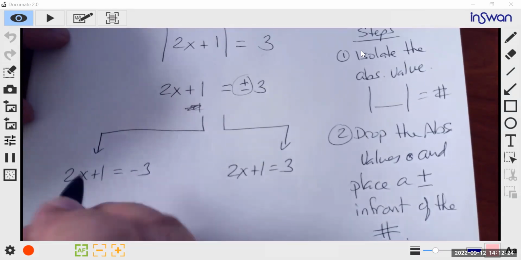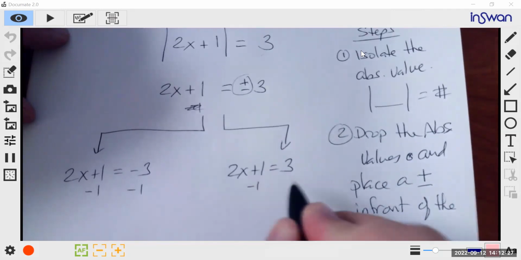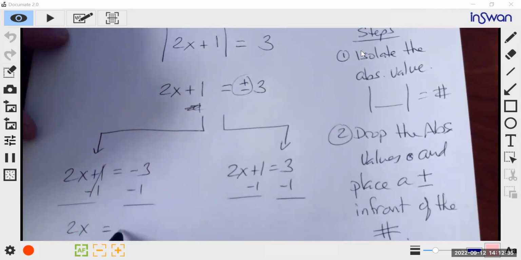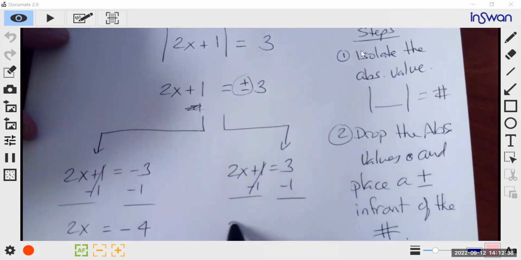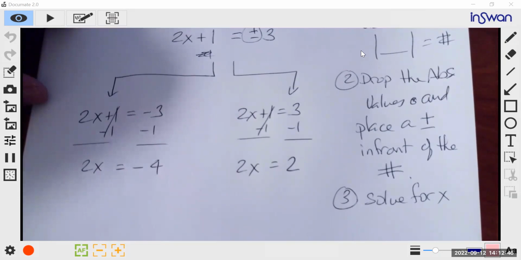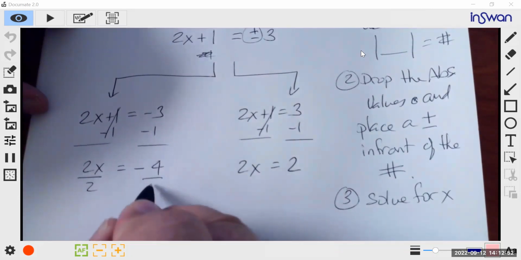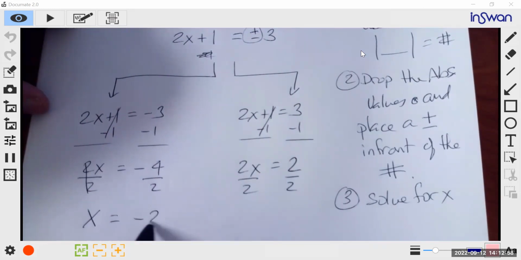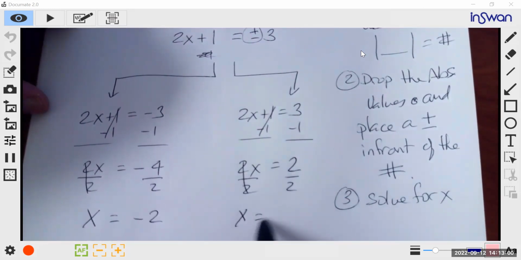Solve for X. Subtract 1 across the board. Negative 4. 3 minus 1 is 2. Then divide by 2 across the board. X is negative 2. X is positive 1. These are my two answers.